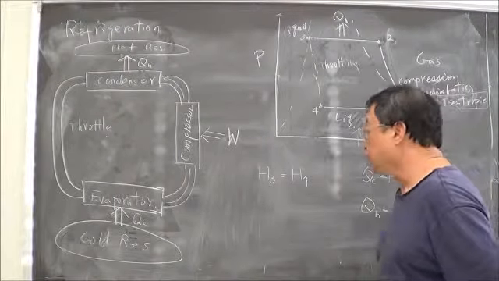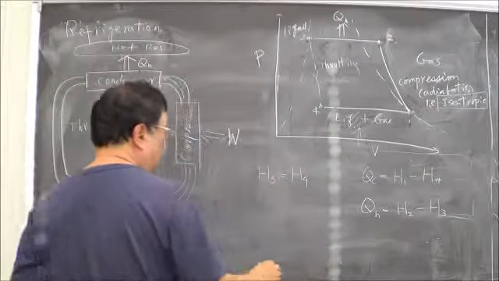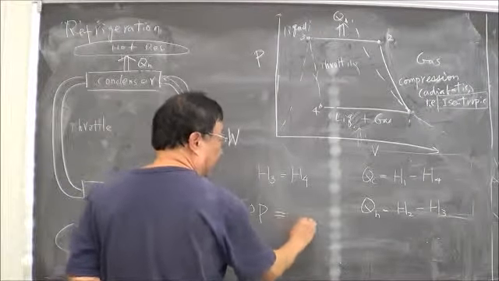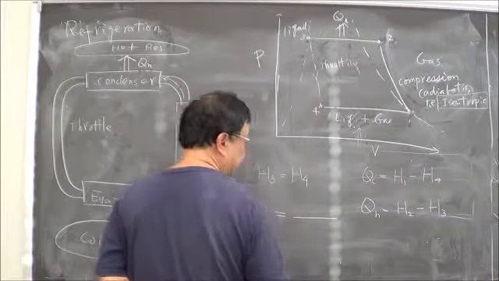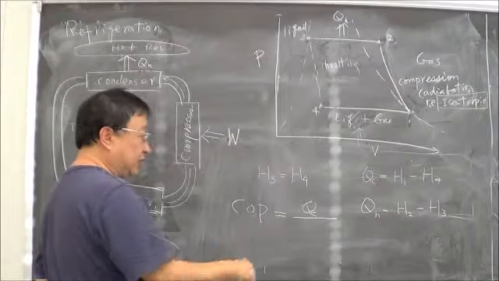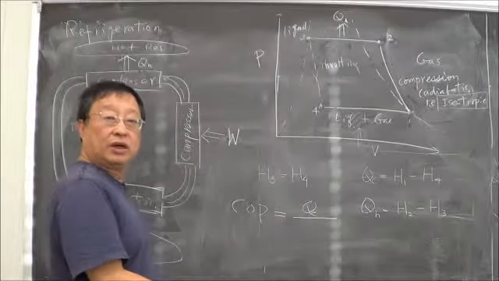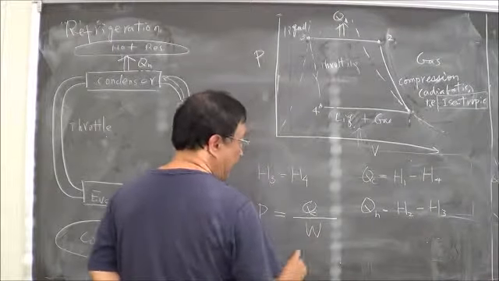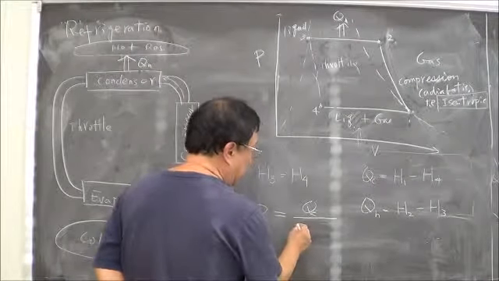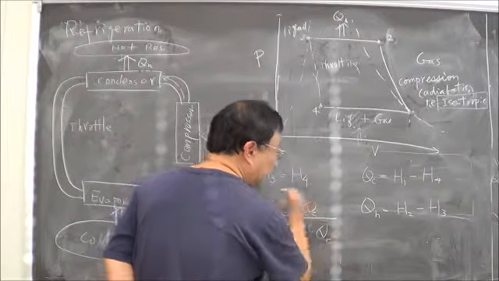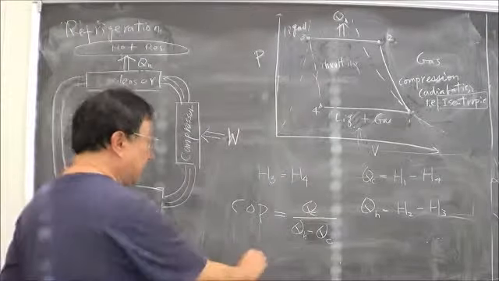So if we want the coefficient of performance, that is going to equal the amount of heat you extract from the cold temperature reservoir divided by the work, and that is also QH minus QC, right? So I can rewrite this.